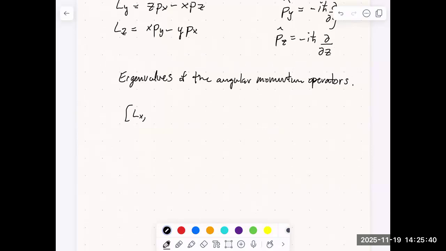So what we'll start with is trying to find the commutator between these angular momentum Lx and Ly. This part we wrote down, so maybe I'll go a little more quickly through it. We'll just put in our Cartesian representation of Lx and Ly, and we can break this up into four separate commutator relations.